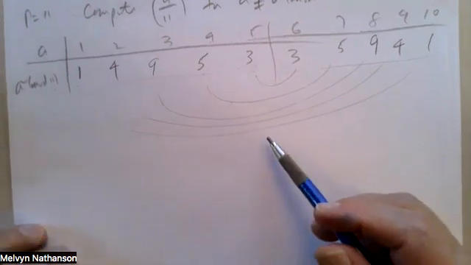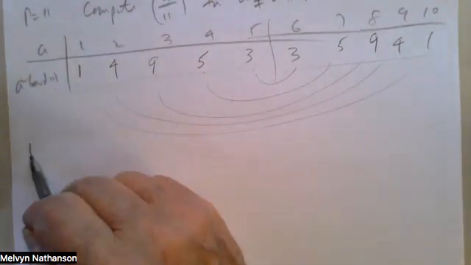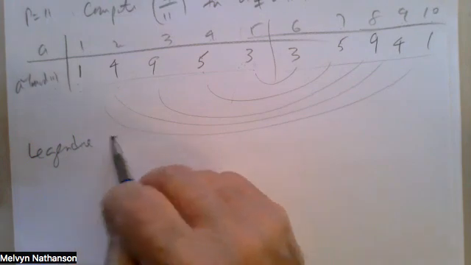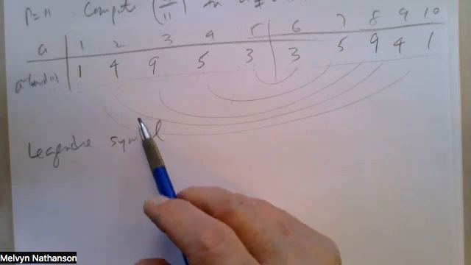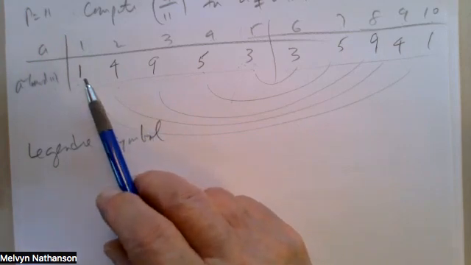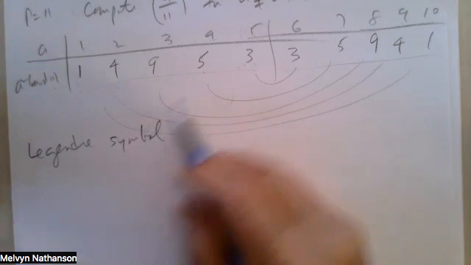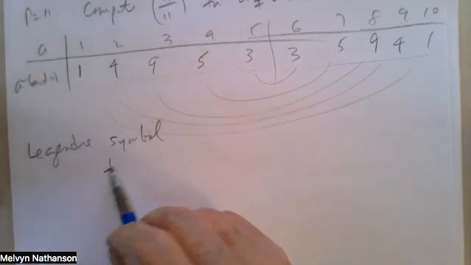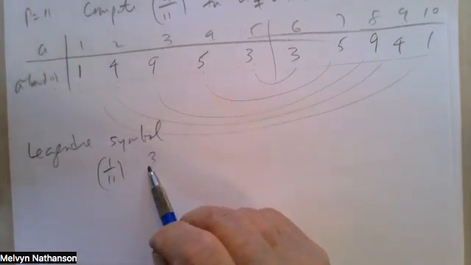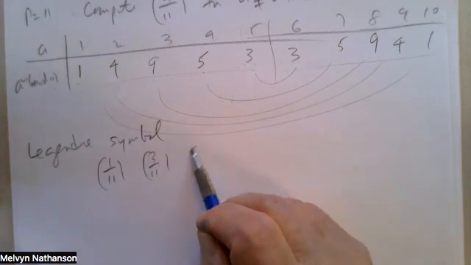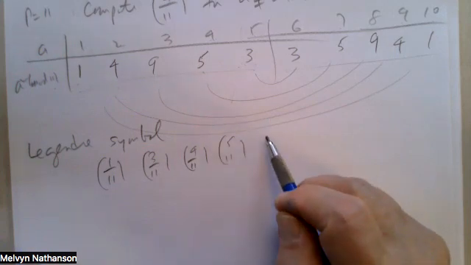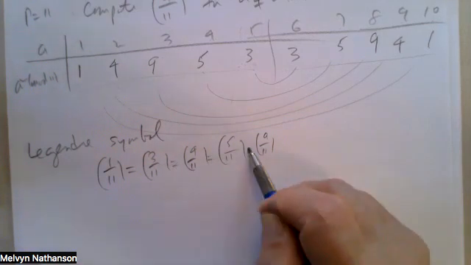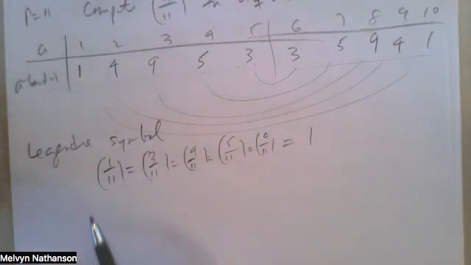All right. In terms of the Legendre symbol, when is the Legendre symbol plus 1? The squares that you get are 1, 3, 4, 5, and 9. So 1 over 11, 3 over 11, 4 over 11, 5 over 11, and 9 over 11 are all equal to 1.